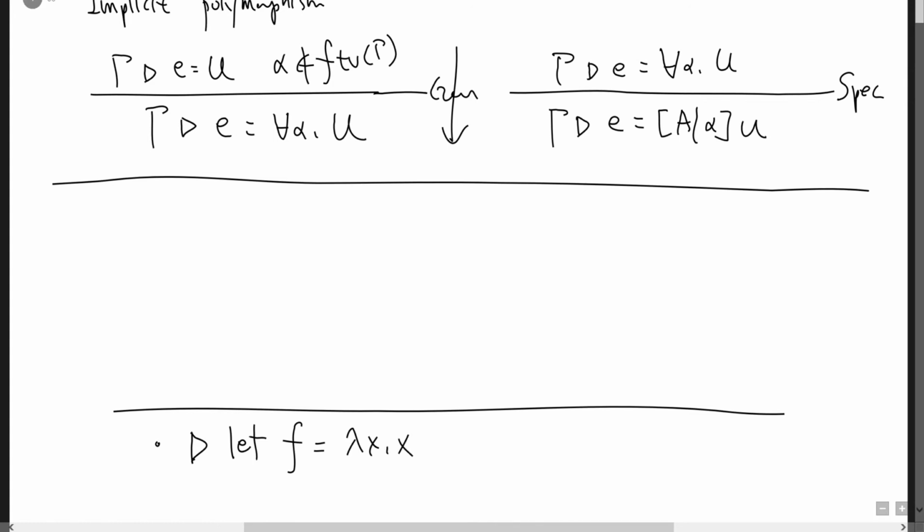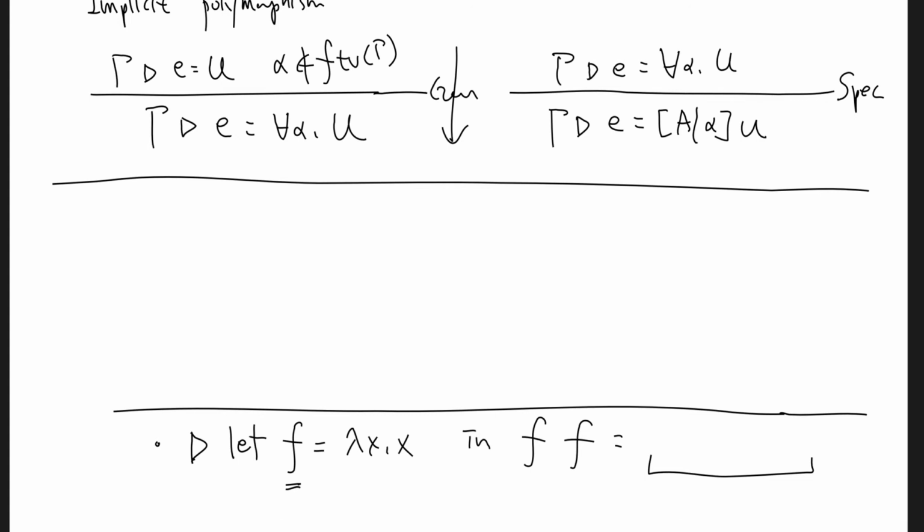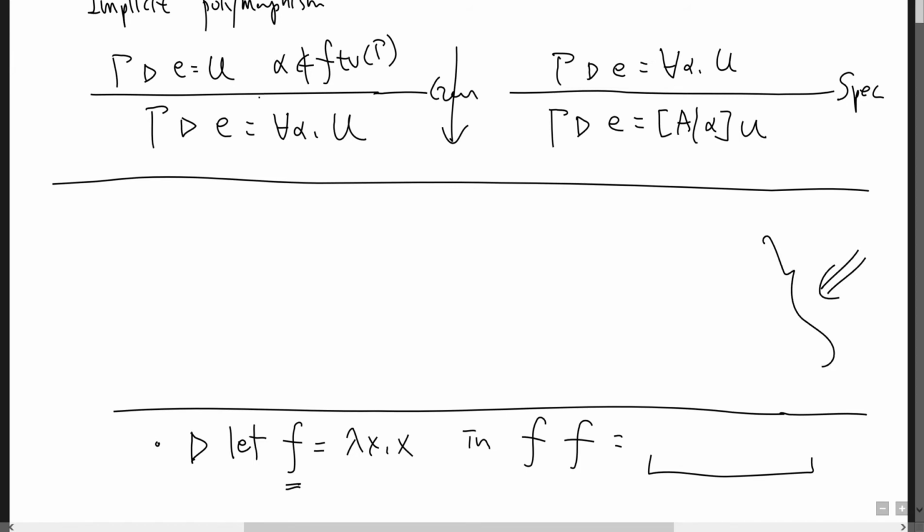So we use this identity function, the polymorphic identity function, which is bound to this variable f, and we apply f to f itself. So the question is, what is the most general monotype that we can assign to this let binding? And this example is going to illustrate the use of the specialization rule. Let's see how the type reconstruction goes.